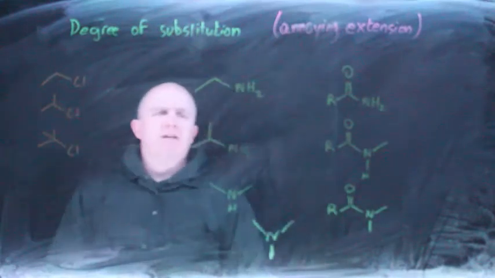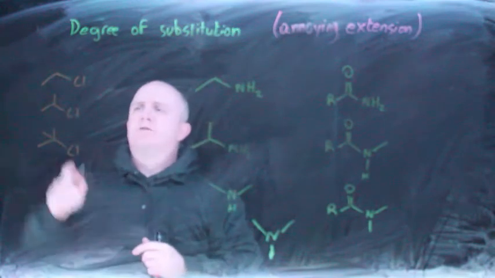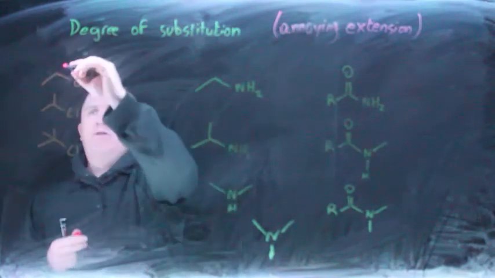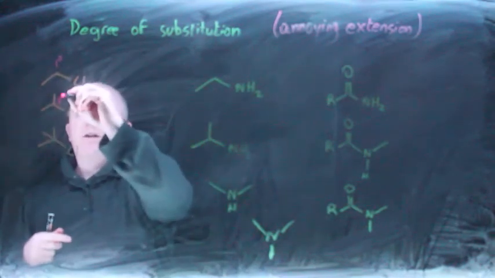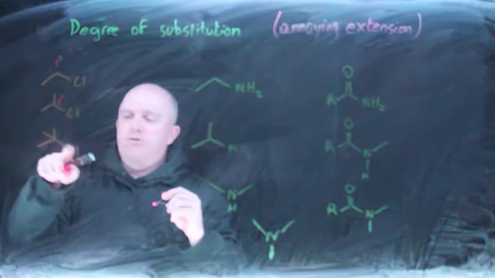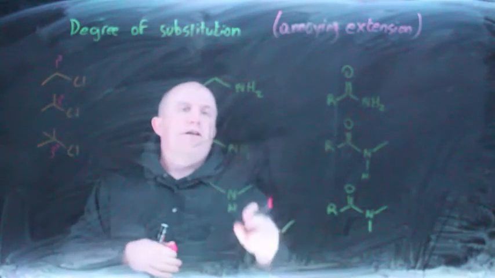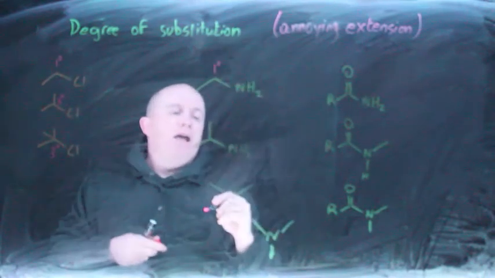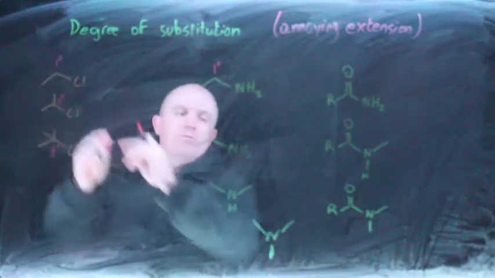So rules are definitely made to be broken in the land of organic chemistry. If we have a simple rule for degree of substitution, like this carbon is bound to one other carbon, so it should be primary, this carbon is bound to two other carbons, so this chloride should be secondary, this carbon is bound to three other carbons, so this chloride should be tertiary, then you'd like to be able to extend that to this series, and you'd say, well, okay, this carbon is bound to one other carbon, so that's clearly a primary amine, and here this carbon is a secondary carbon, but if I ask you whether this is a primary amine or a secondary amine, your instinct based on this would be to call it a secondary.